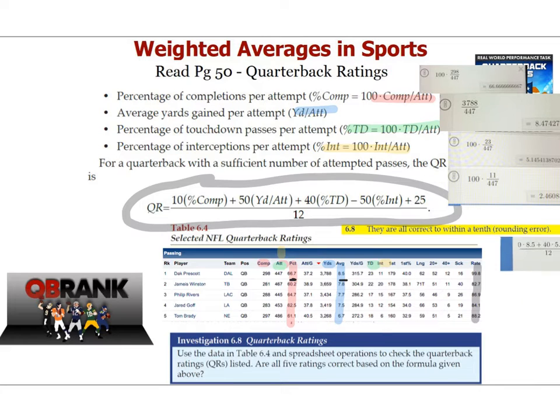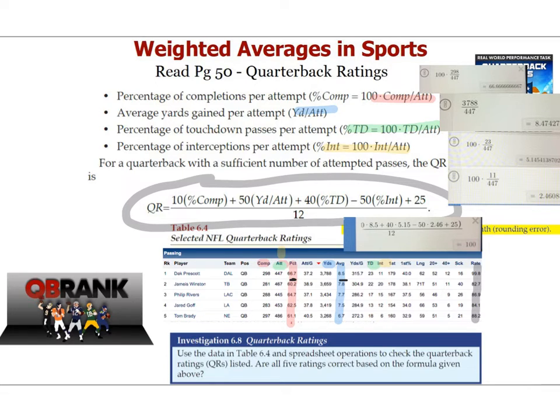When I typed all of that into Desmos, you can see right here, you can't see the whole formula, but you can see a partial of it, that the quarterback rating came out to be 100. They got 99.8, and I'm sure that's because they didn't round any of those values. They've got a computer software program doing this. But you can see that it is within two tenths of being accurate, and I'll make those concessions when you take your quiz and your test as well.